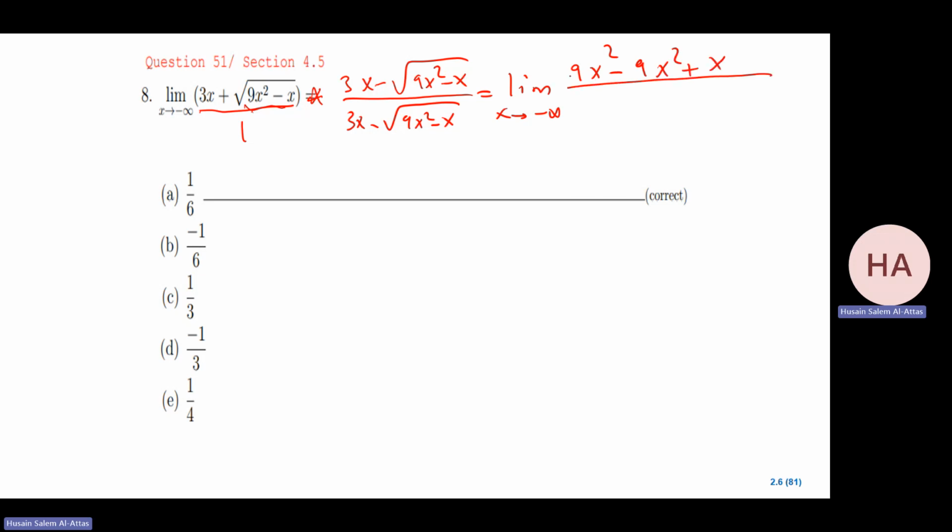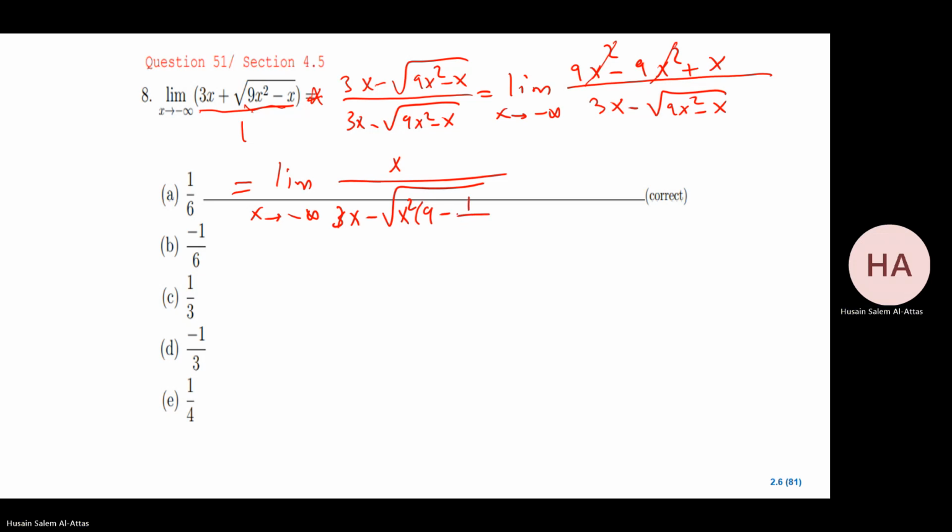Minus times minus, so it will be plus x. This is cancelled. The same thing which we did before. That will be x over, I take x common factor here in 3x, and here I take x squared common factor. I have 9 minus 1 over x.